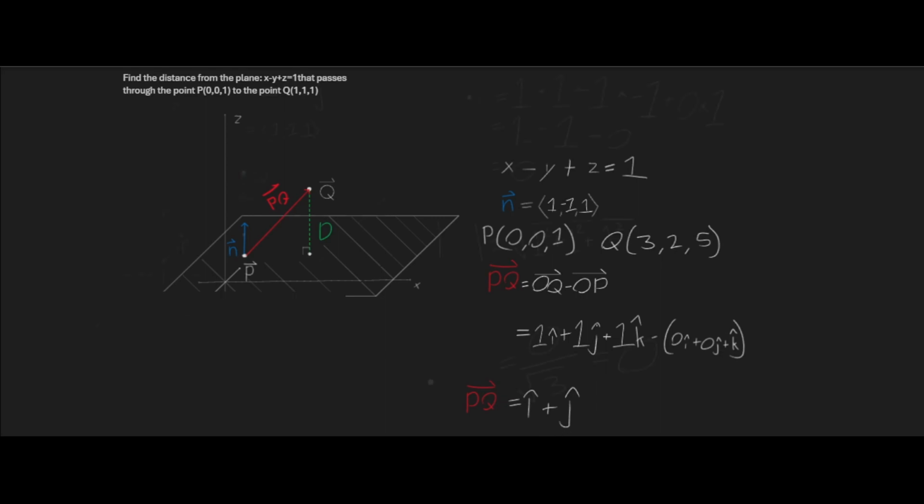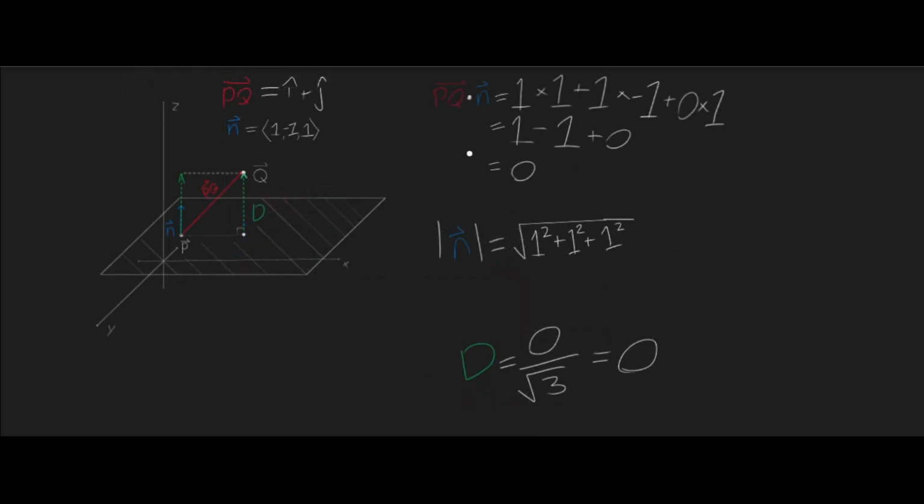So let's go ahead to the next step. Now we have to compute the dot product between PQ and N, and we find that the dot product actually equals 0. When we multiply the components and add them all together, we get 0.